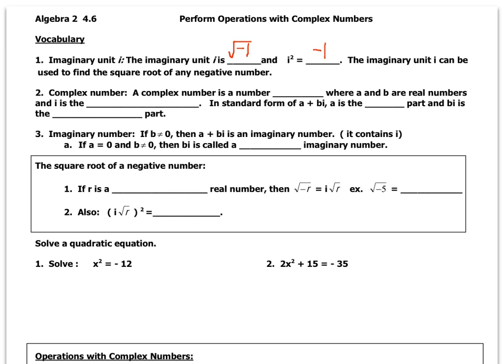So now we're going to start using square roots of negative numbers. A complex number is the next thing. Complex numbers are written like this: a plus bi.